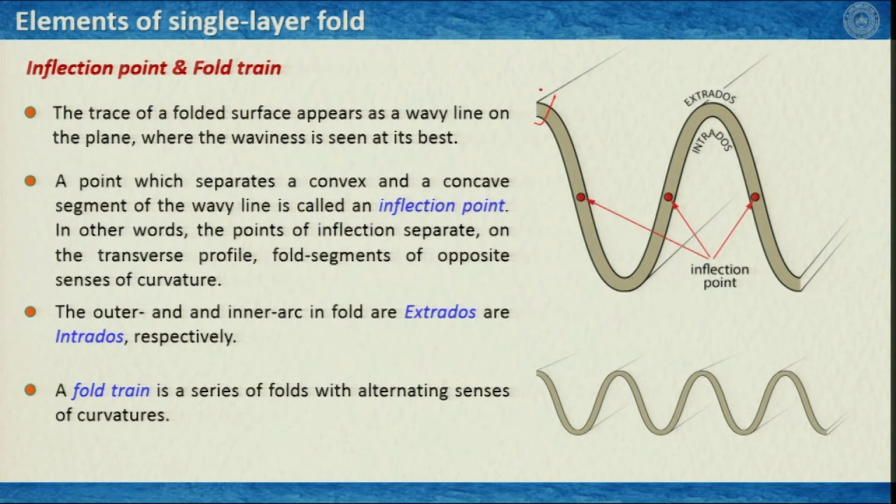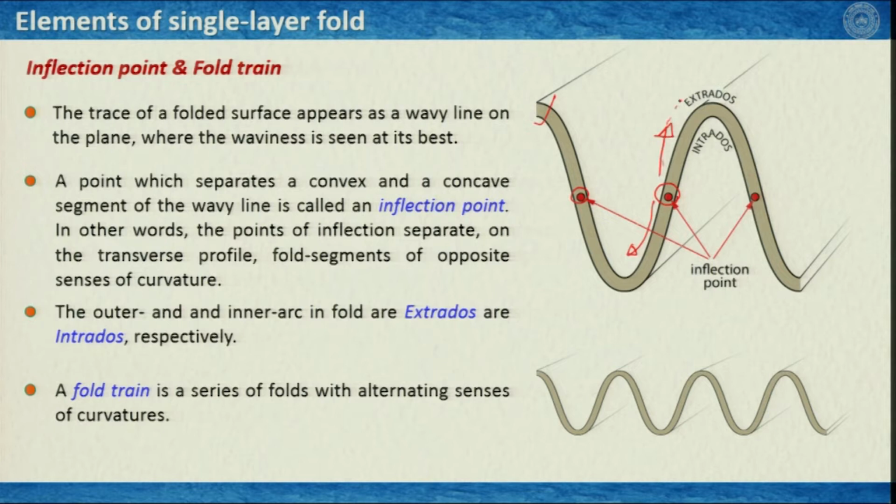Now, you see this wave has a very typical point. If I consider this point here, this point is a very important point because it separates the curvature of the fold, or in other words the nature of the curvature of the folds. So, if I go this way from this fold, then it generates a convex pattern, and if I go this way, it generates a concave pattern.